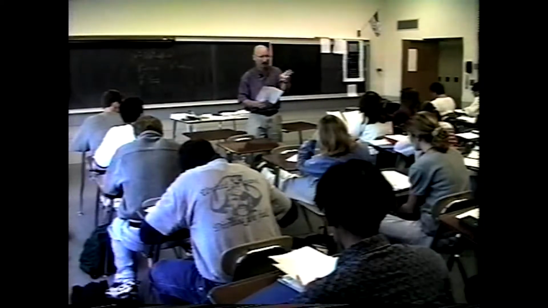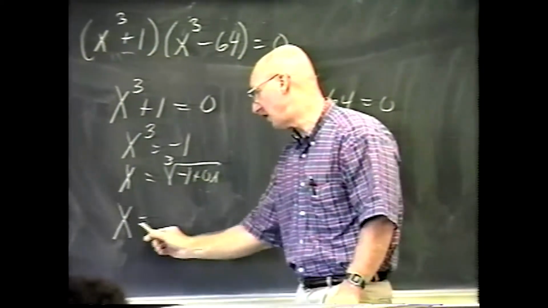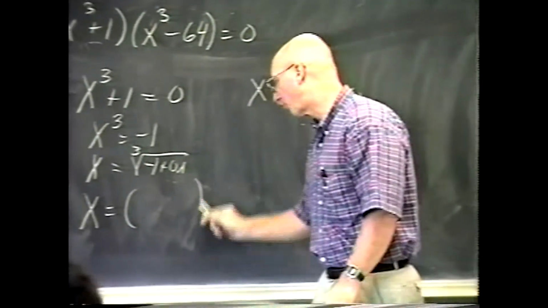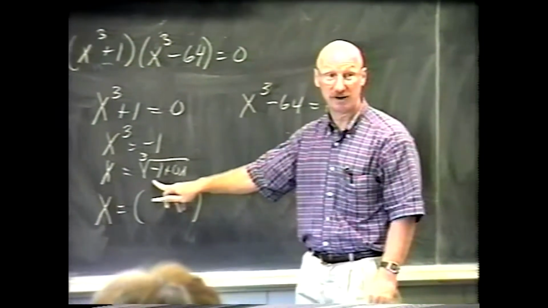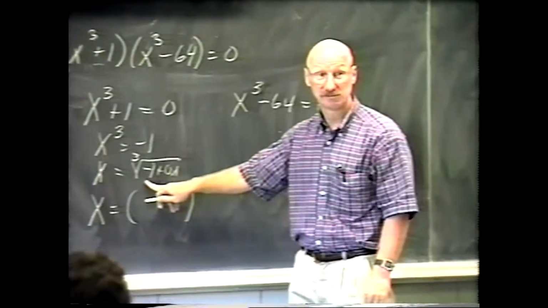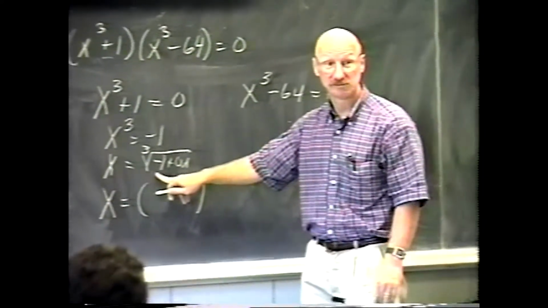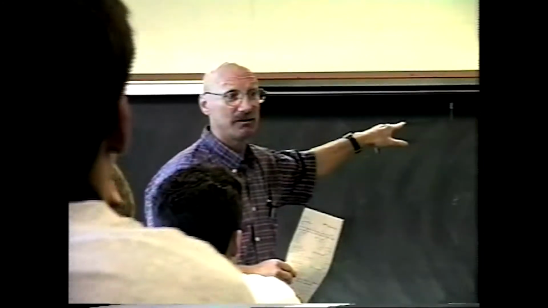Do them separately. Okay? On this one right here, we've got to change to trig form now. What's that going to be in trig form, Susan? Yeah, because it's negative 1. Yeah.